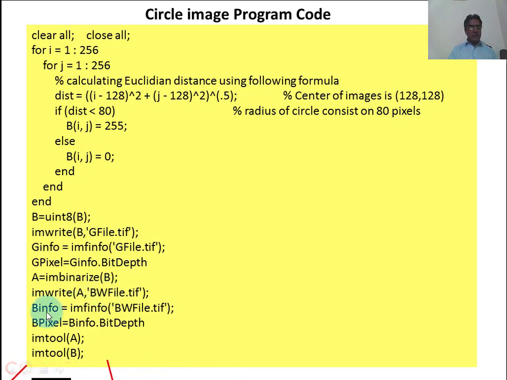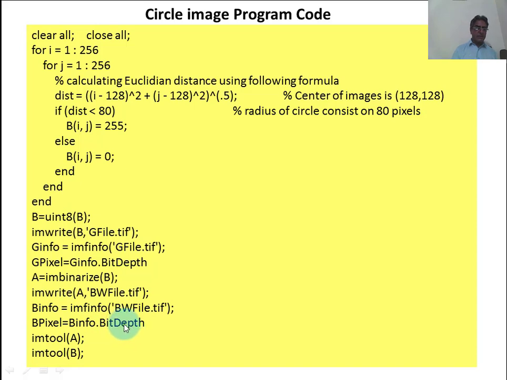Binary pixel information, imfinfo, file information, image file information, black and white file.tif. This image file information is stored in this vector, and when we want to know the bit depth, that is, a pixel shade is stored in how many bits in the memory, then we use this command, this vector dot bit depth.